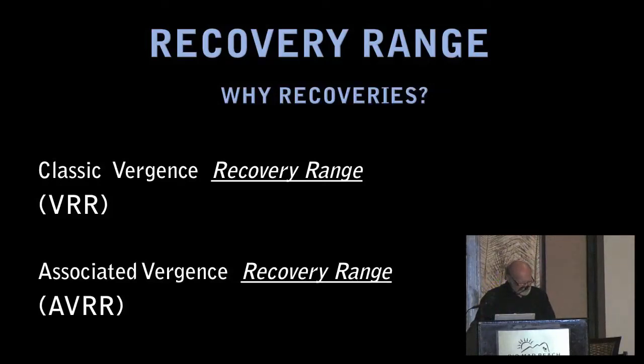Now, the big thing here is that I measure this vergence recovery range. So I'm measuring the spread, the range of the base in recovery to the base out recovery. And not only is it the spread or the distribution, but the distribution has a center of symmetry.